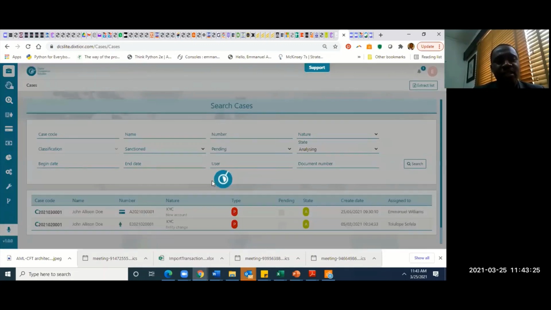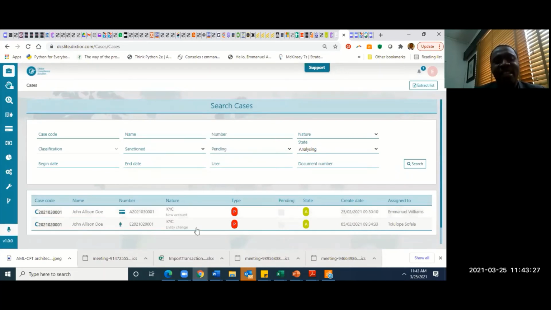You can see all the various cases captured within the application that have been assigned, and you can also create manual cases, in a situation where the application does not raise a case.